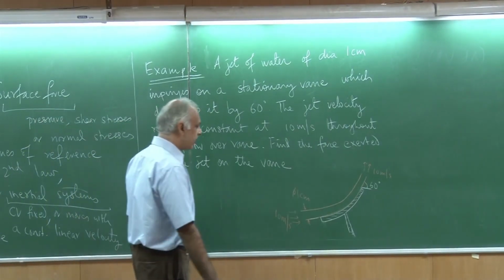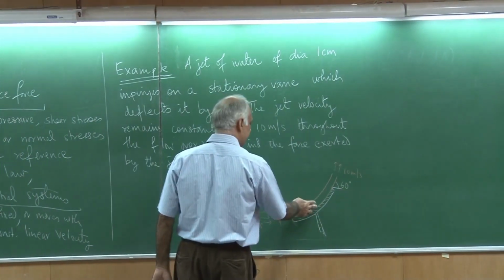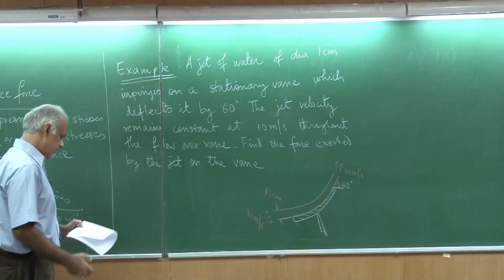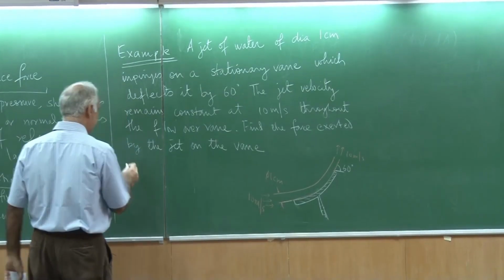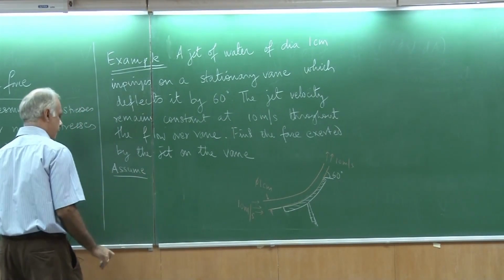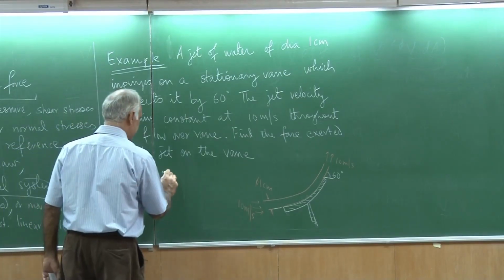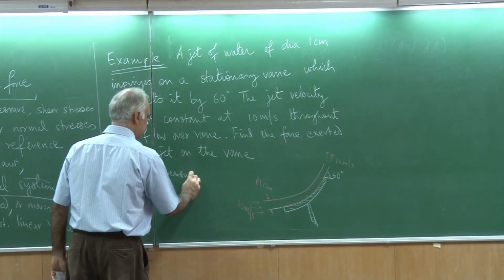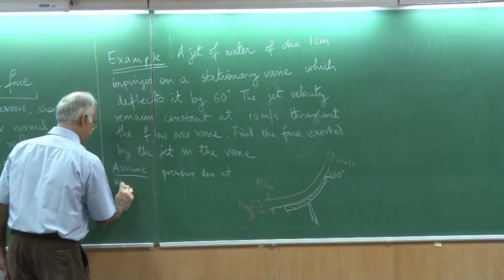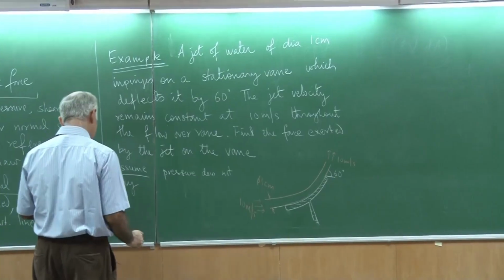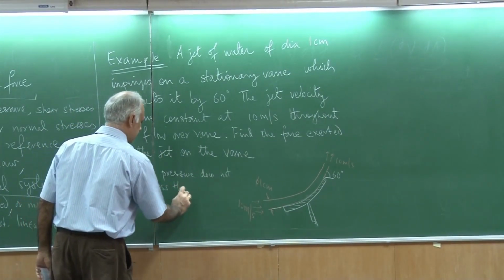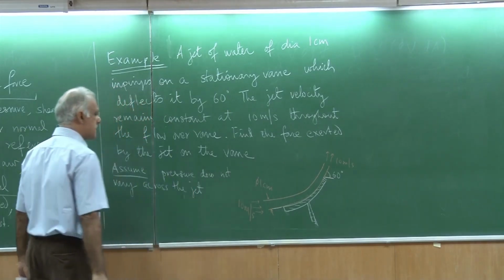And I am supposed to find out what is the force exerted by the jet on this vane if the vane is stationary. There are certain assumptions that we can make. So, we are allowed to assume that pressure does not vary across the jet.